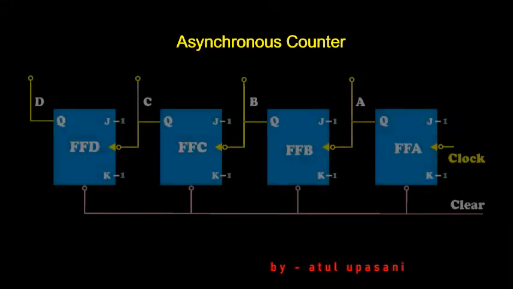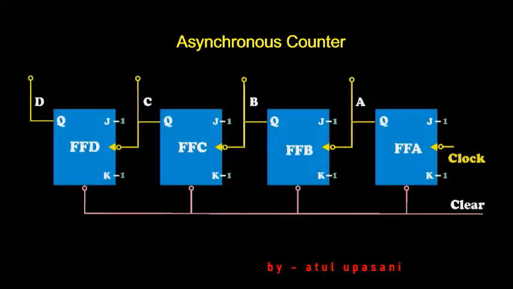In an asynchronous counter, a particular flip-flop changes its state only when the previous one has also changed its state. The clock has to propagate through a chain of n flip-flops, so the propagation delay time gets added, and hence the action of this counter is very slow.